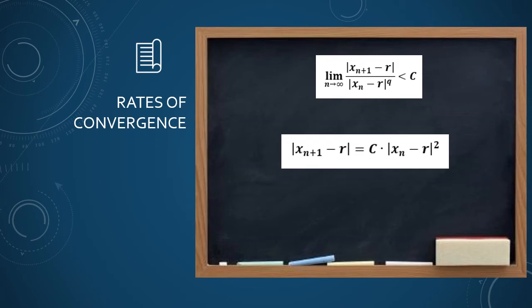So now I wanted to discuss rates of convergence, because not all root finding algorithms converge with the same rate. Some converge more quickly than others, and some more slowly.